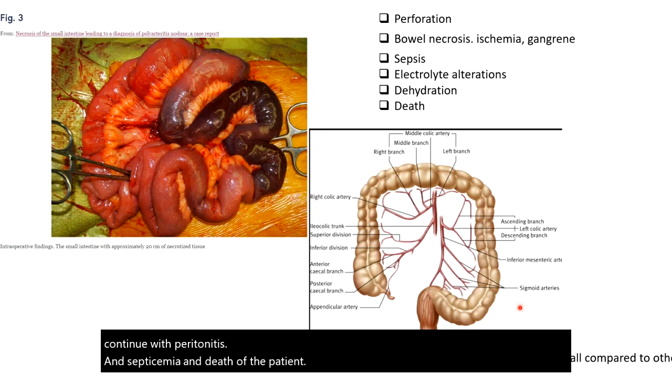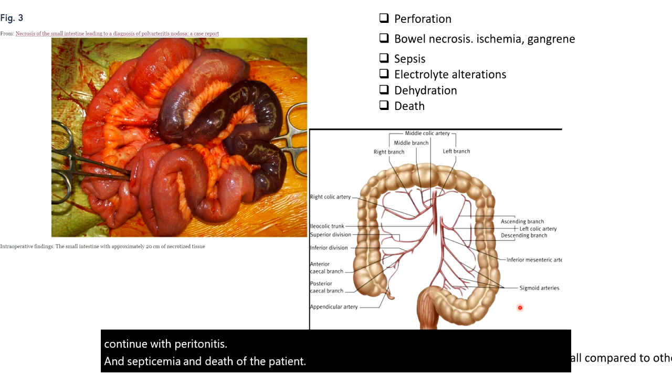Other disorders that have to do with necrosis and perforation are ischemic mesenteric disease when it occurs in the small intestine, or colonic ischemia when it occurs in the large intestine.